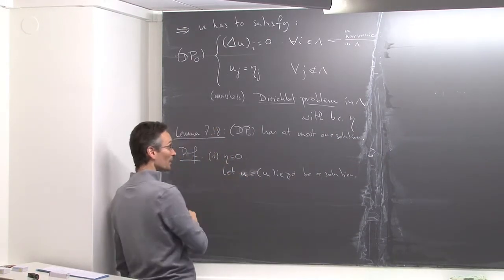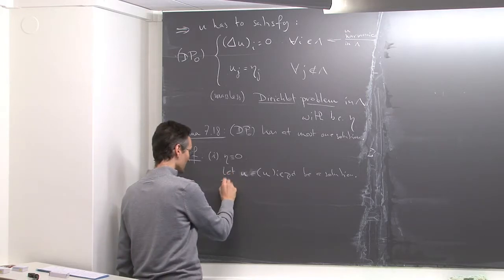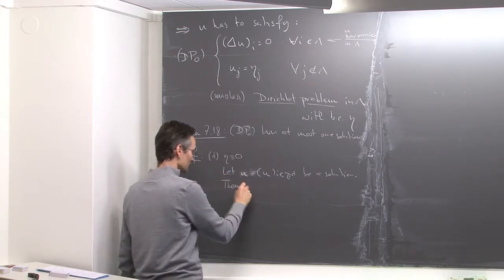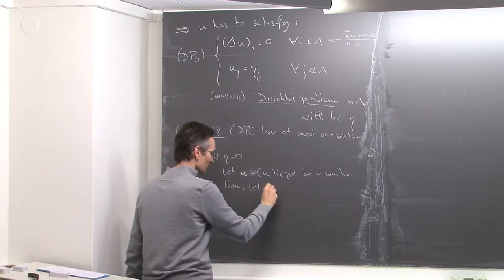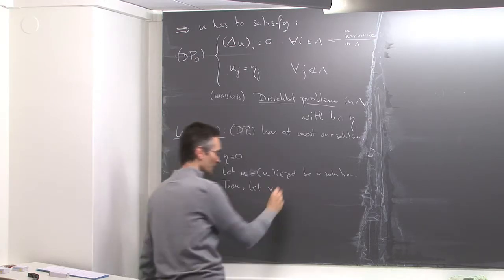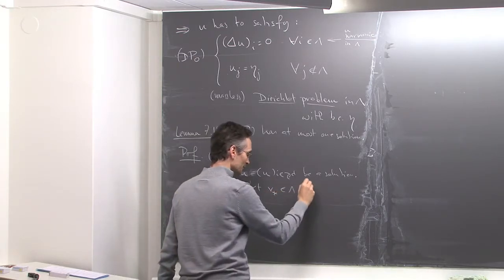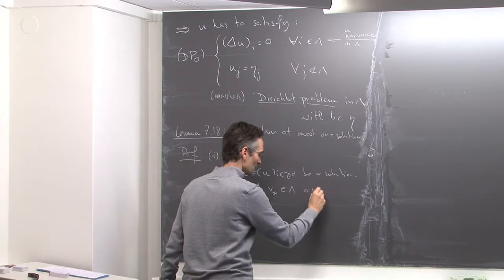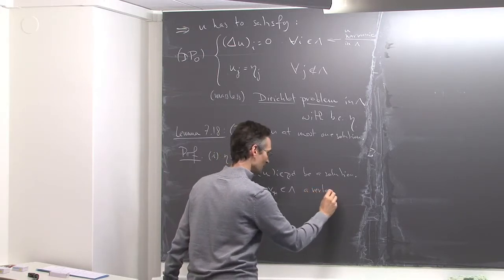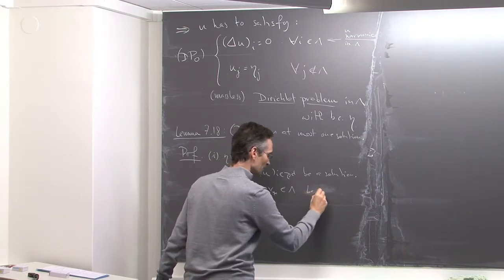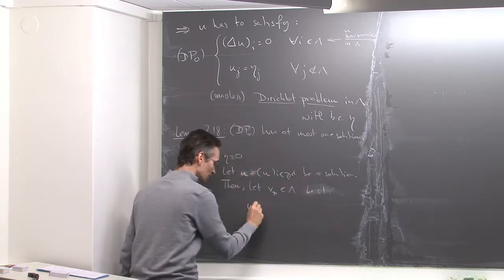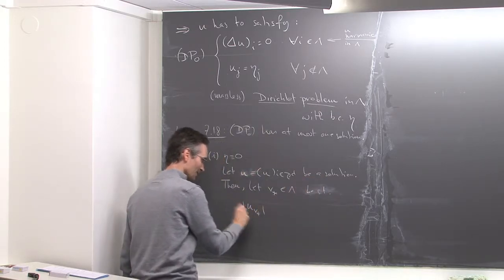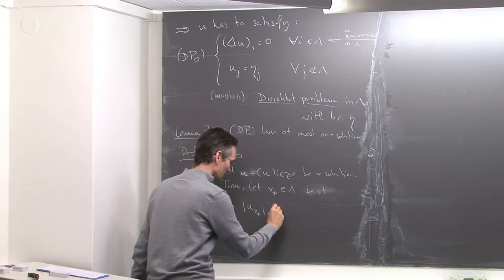Okay. So then let's denote by v star in lambda a vertex such that u at v star in absolute value is maximal.